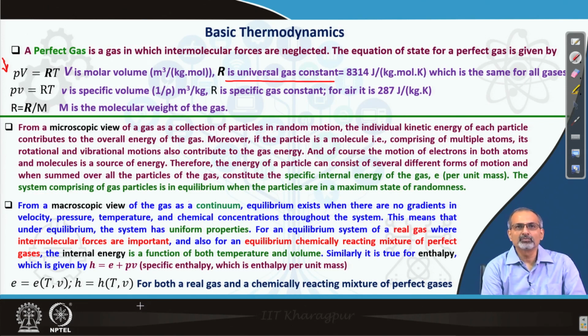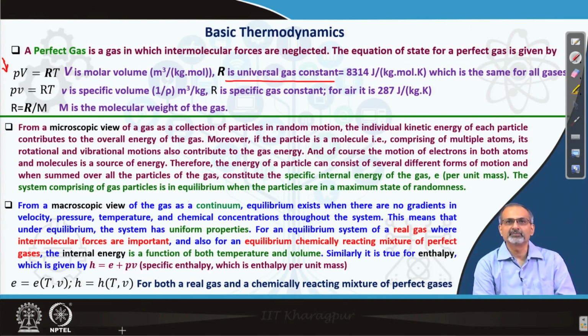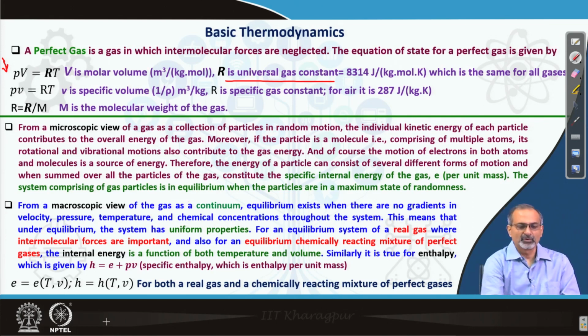V is the molar volume in meter cube per kg mole. So this is a very important equation that we always have to remember when we deal with compressible flows. You can represent this equation in a different form: p times small v is equal to RT, where the R happens to be a specific gas constant.